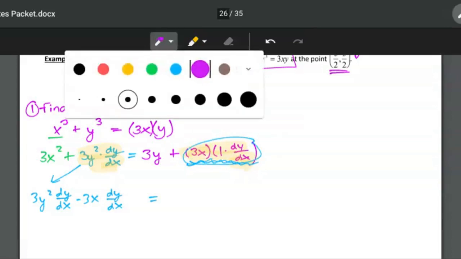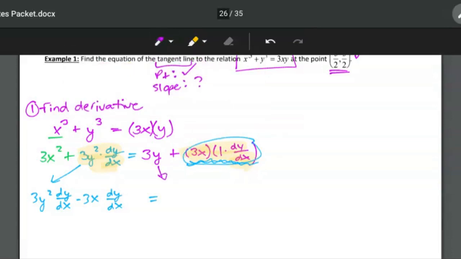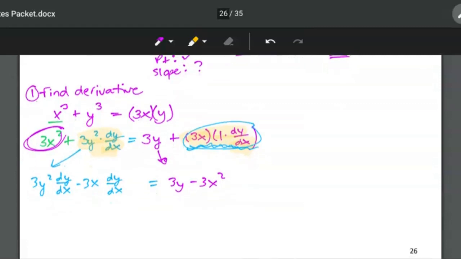All right, so I moved that. Next, this 3y is staying put, so it stays positive 3y. But this 3x squared needs to be moved to the right side. So I'm going to subtract this 3x squared to the other side. Basically, if you move a term to the other side, it just switches signs. So now we need to solve for dy dx. On the left side, we need to factor out a dy dx out of each of these terms.